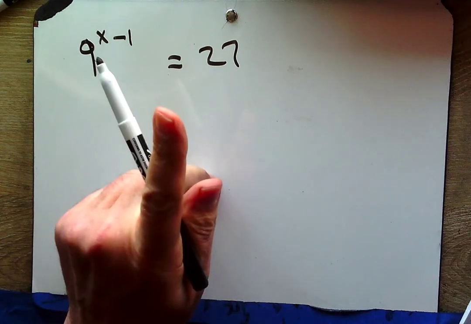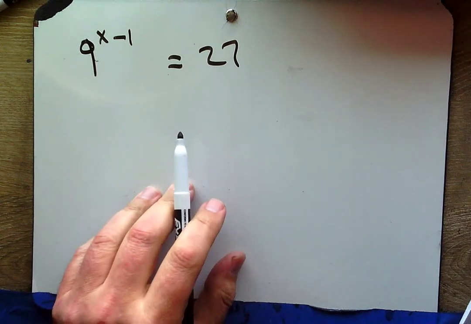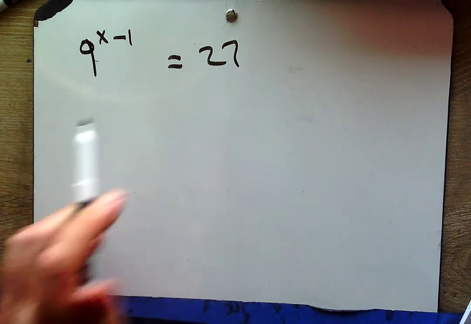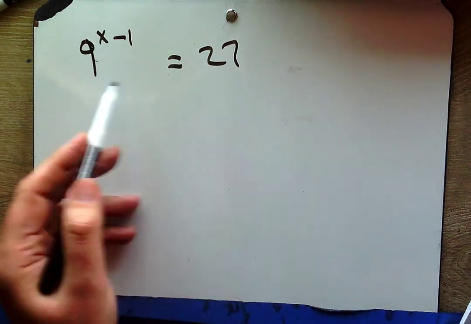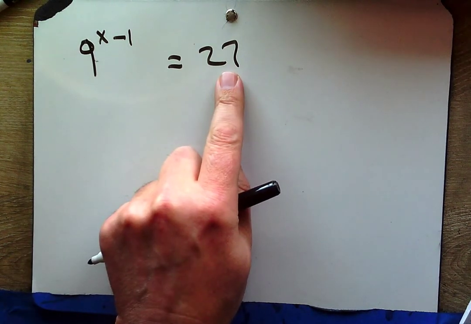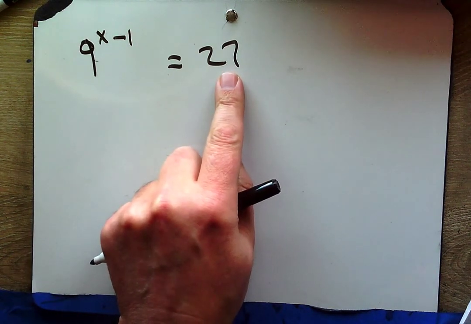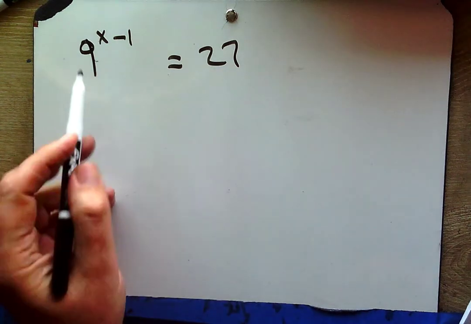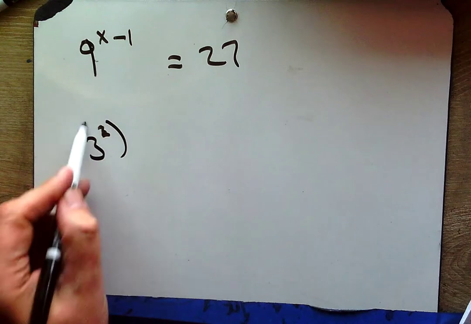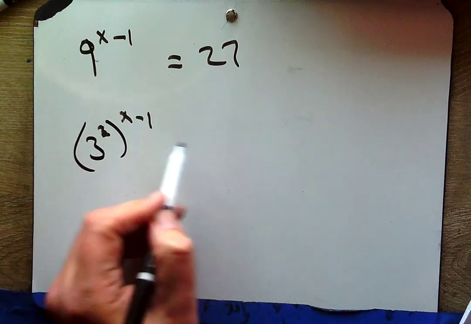I'm only expecting one solution here. Okay, so I need to rewrite them so they have the same base. I guess you could say this is 9 to the 3/2, but very few students think that way. Instead, I'm going to rewrite them so that they both have a base of 3.